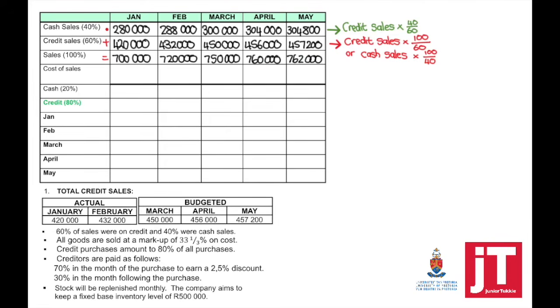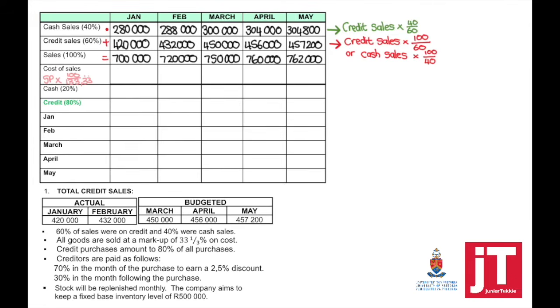Now to calculate the cost of sales, take the selling price times 100 divided by 100 plus the percentage markup. This means 100 plus 33 1/3, so that is 133,3 recurring. The instruction said round off to the nearest rand.